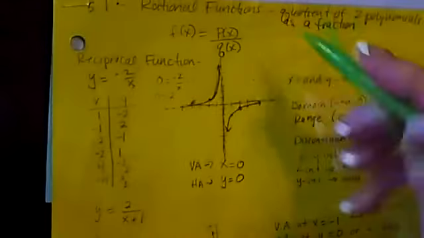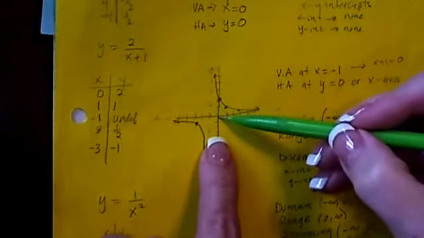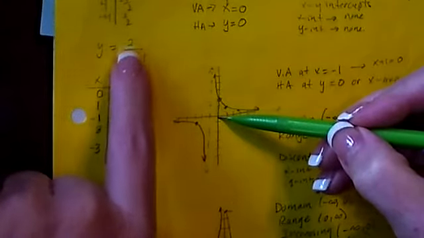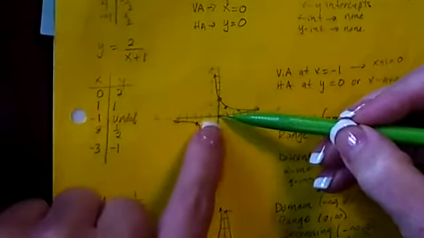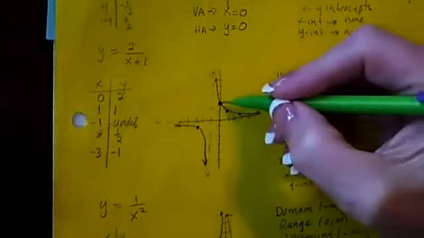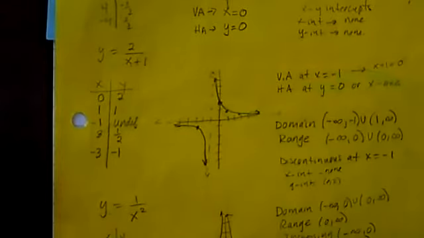But down here, my asymptote's over here. So I'm going to pick 0. If I put a 0 in here, it's going to be 2 over 1, which is 2. So (0, 2) I know is on that. Then with just that one point, that's all I really need, and I can continue to graph that.